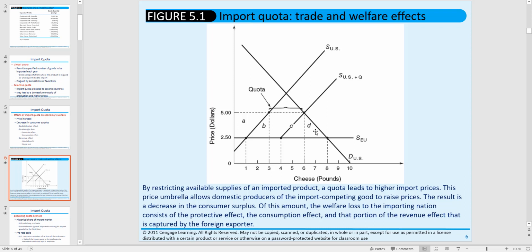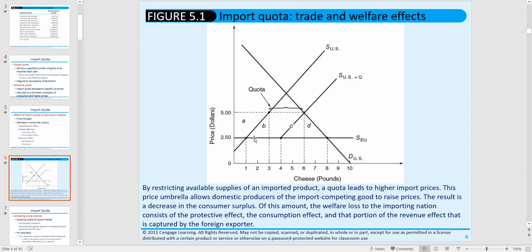So the economy ends up worse off because the welfare is smaller than before. And again, illustrating the negative impact that protectionism has in the overall economy.